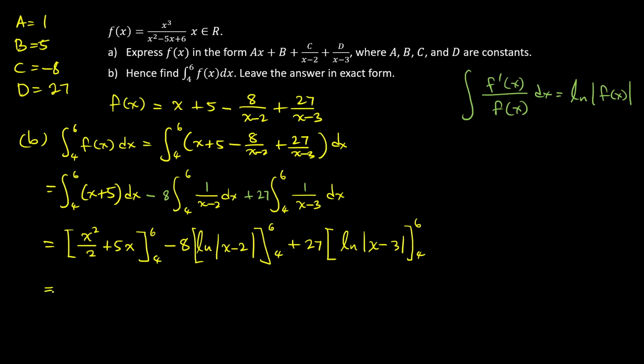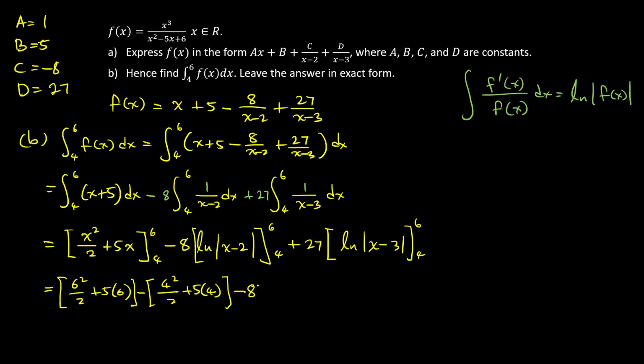So that is equal to 6 squared over 2 plus 5 times 6, minus, square bracket here, 4 squared over 2 plus 5 times 4. This is going to be some lengthy work.